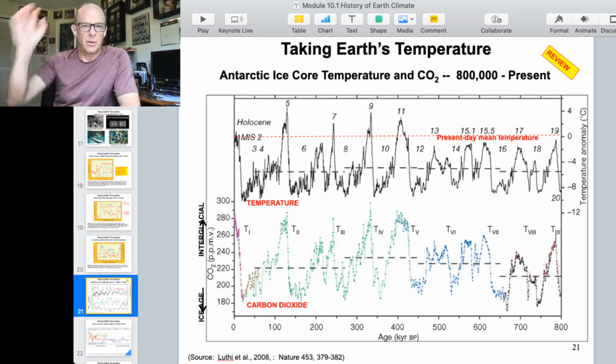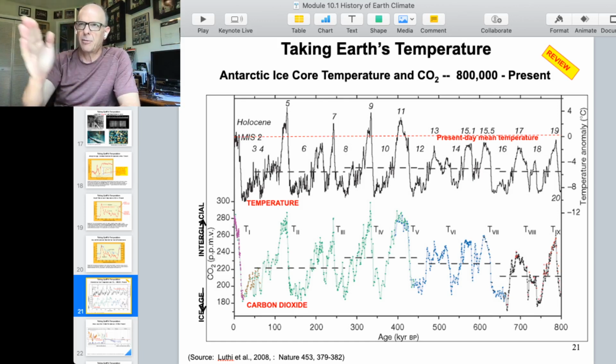Looking back a little bit further, and now time is going in the opposite direction here, so the present is at the left, the past is at the right, and you can see a number of these ice ages. Every place this black curve is down low, where that dash line is, those are ice ages, and it's only those narrow spikes, number 5, 7, 9, 11, that you see there. Those are the interglacial periods that are relatively warm and pleasant.